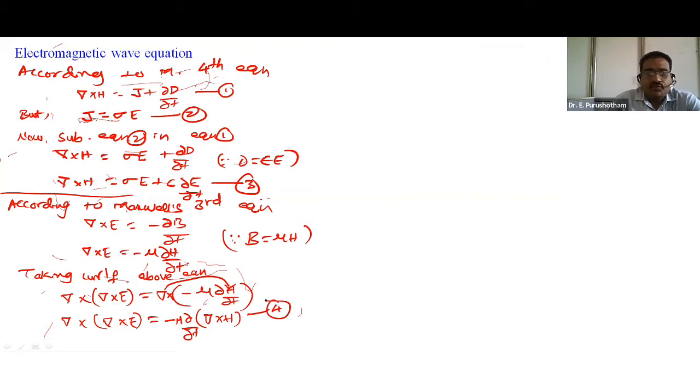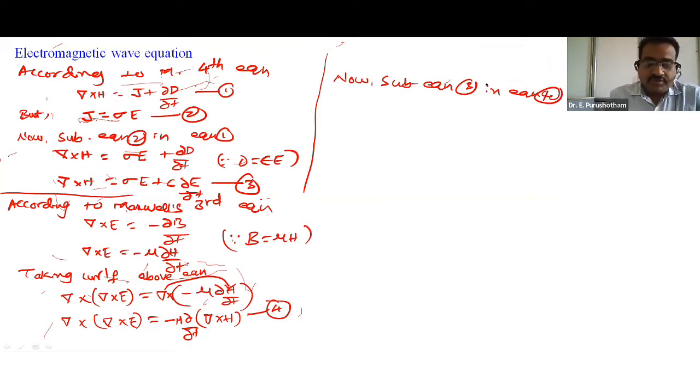Now substituting equation 3 in equation 4. What is equation 3? Curl of H. What is equation 4?